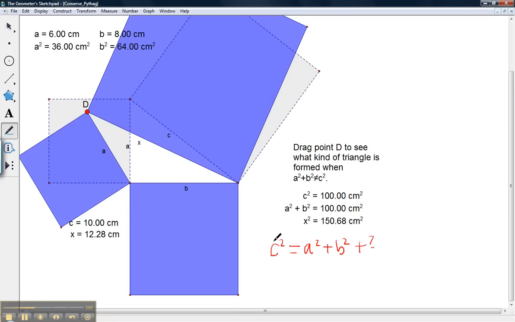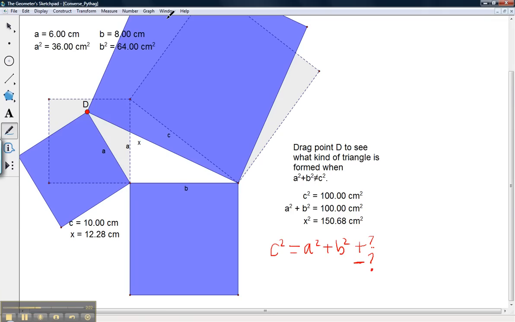If c squared is less than a squared plus b squared, then it is an acute triangle, and I would have to subtract out something in order to make the equation true, in order to make it balance.